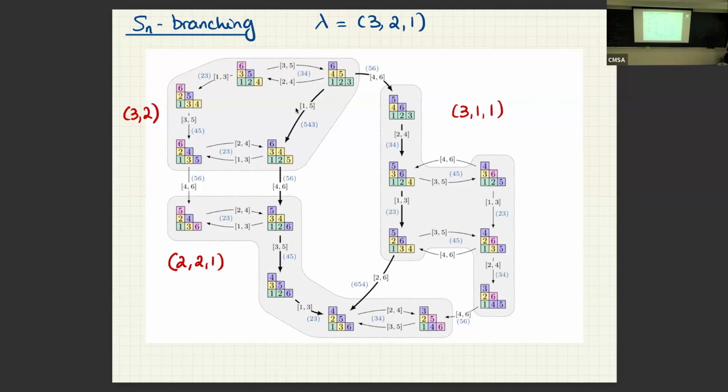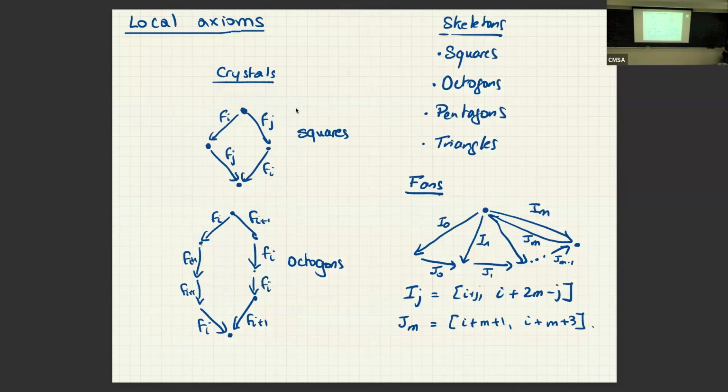There are lots of things like that we can prove, but we can also prove some local axioms. That was actually quite hard to prove. I told you that for the crystals, we had two types of possible commutation. Whenever a vertex had two existing edges, we could only see squares and octagons.